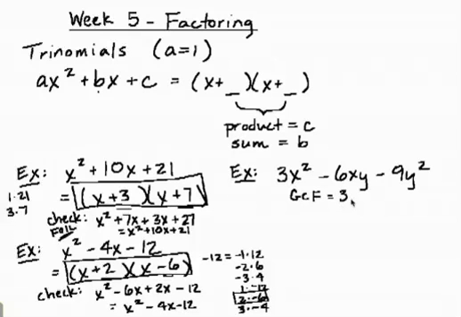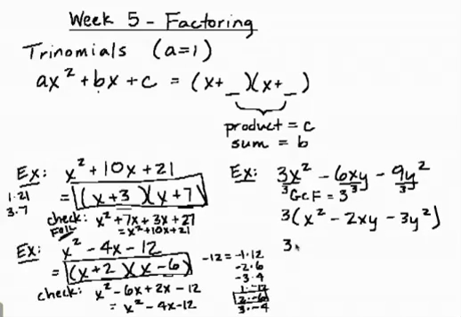Looking at the 3x squared, the 6xy, and the 9y squared, we see that 3 can divide evenly into all three terms. So the first thing we're going to do is factor out that 3, dividing each term by 3. That leaves us with x squared minus 2xy minus 3y squared.